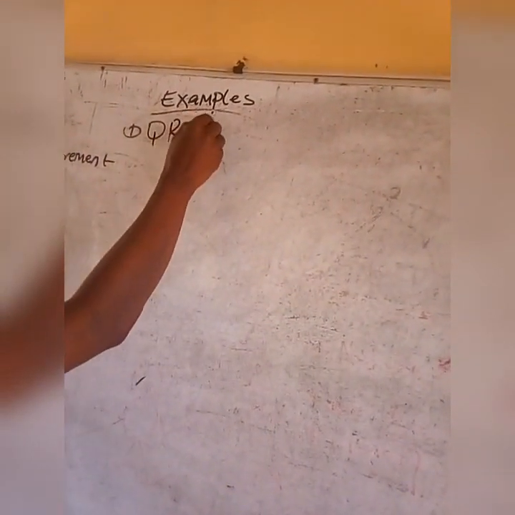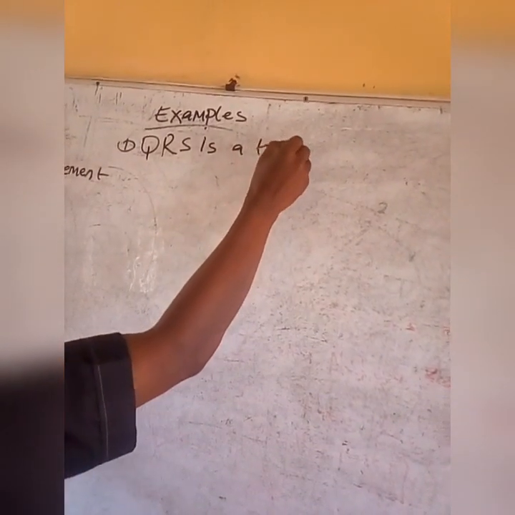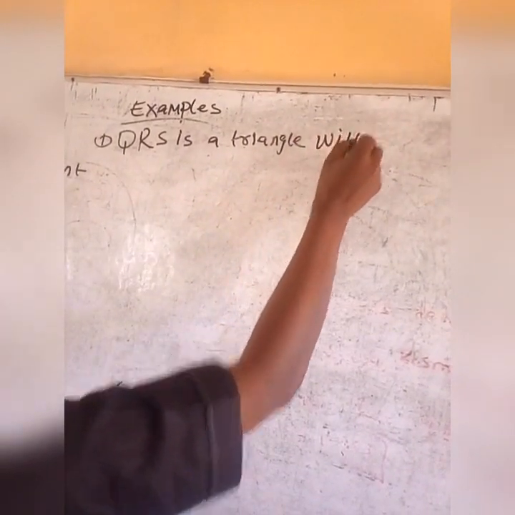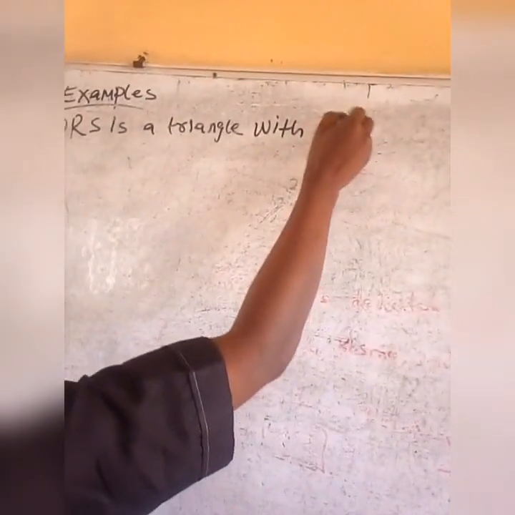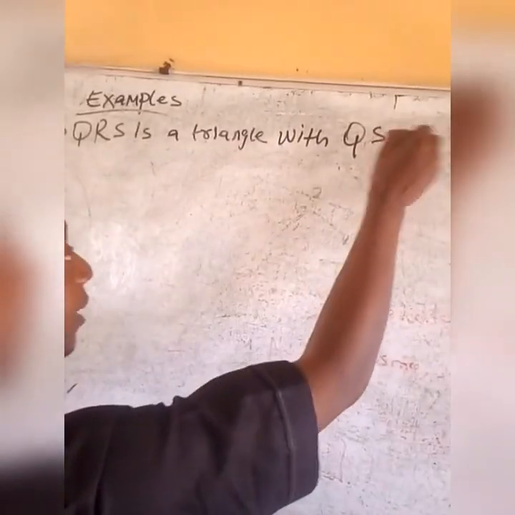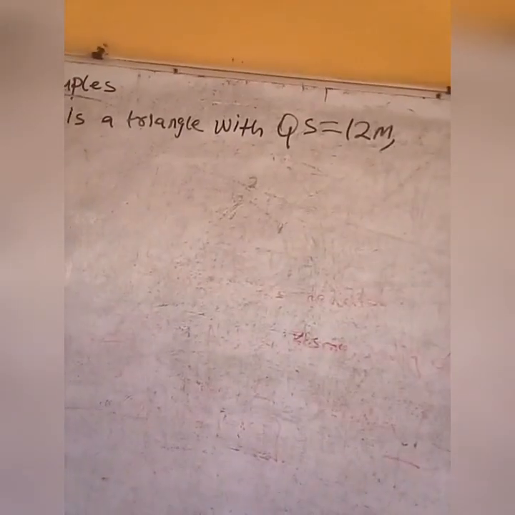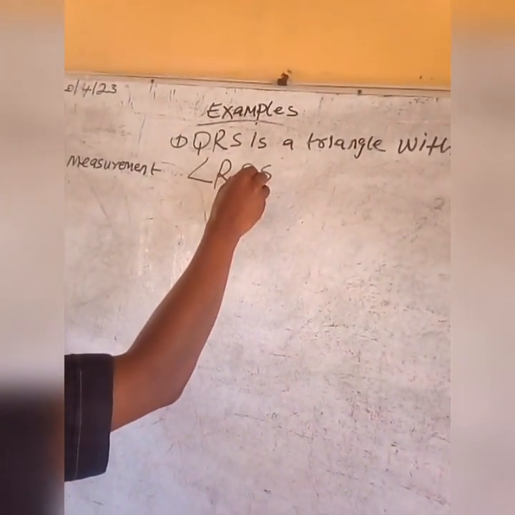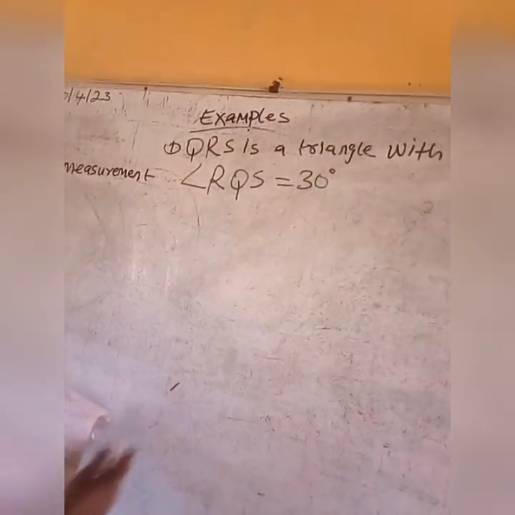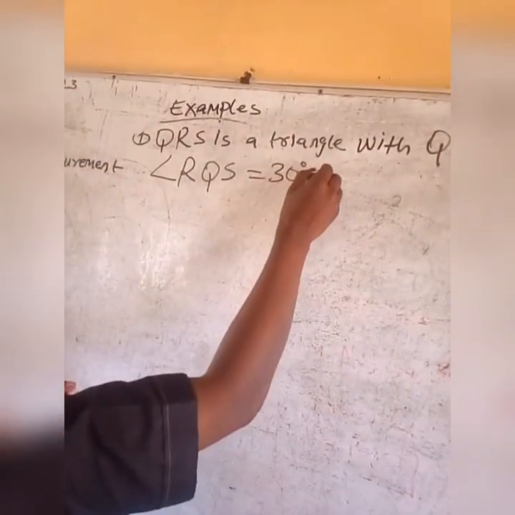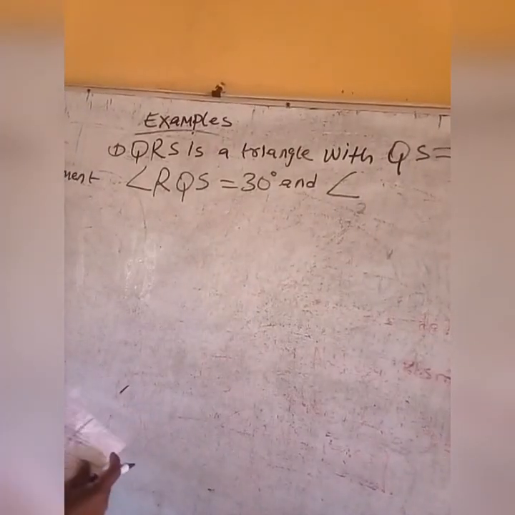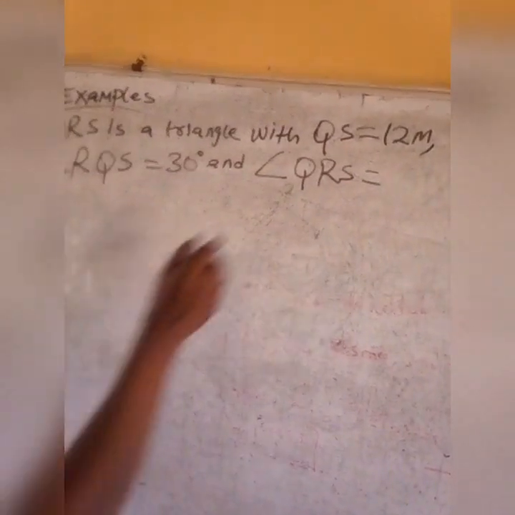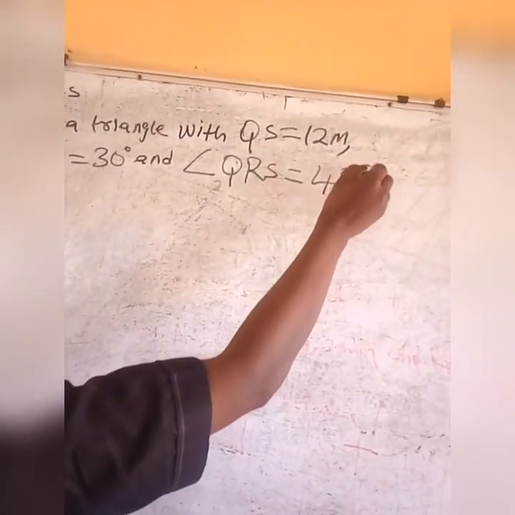QRS is a triangle with QS equals 12 meters, angle RQS equals 30 degrees, and angle QRS equals 45 degrees.